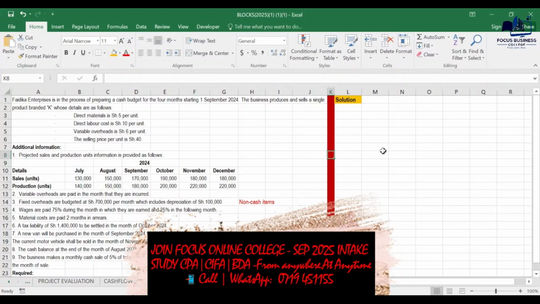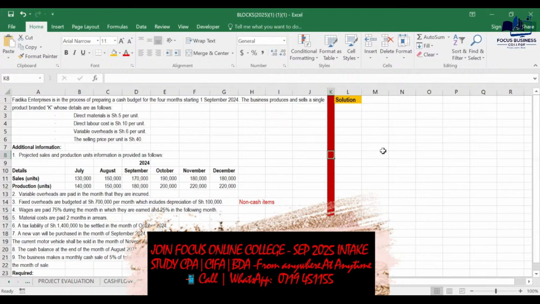But in this case, we're required to prepare the cash budget just for 4 months: September, October, November, and December. So we need to have basically how many columns? 5. The total, the details column, and columns equal to the number of months. And then from there, we start by recording the opening cash balance. We record the cash receipts or the cash inflows. And then after that, we record the cash outflows.